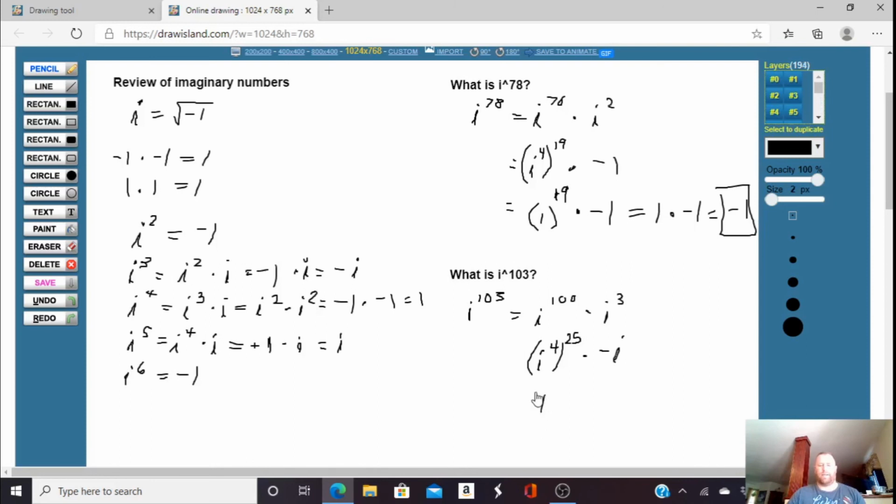Or 1 raised to the 25th power. Again, times -i. Okay. 1 raised to any power is just 1. So we have 1 times -i, which just equals -i.